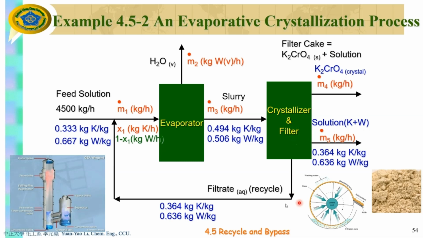And this recycle stream here is M6. So we write down all the things we don't know. Okay, so this is the flowchart. We have completed the flowchart. Again, the symbols I mark in red are unknown.